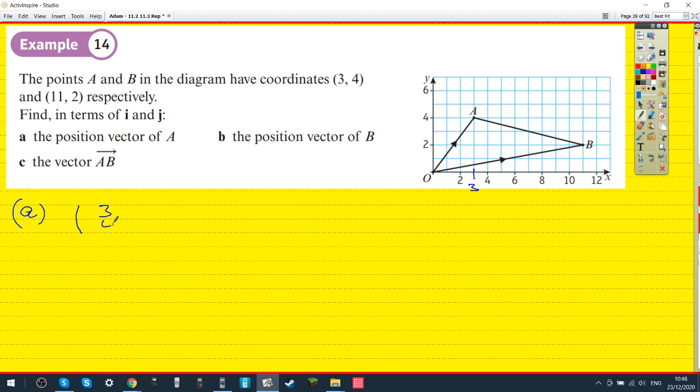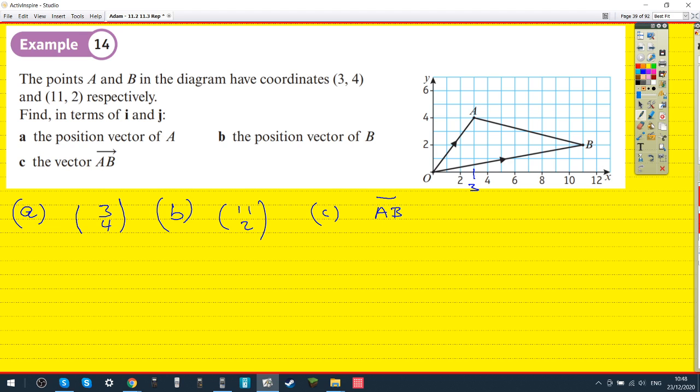Yep. So that's the position vector of A because it starts from the origin. Position vector of B: 11, 2. And then the vector AB.